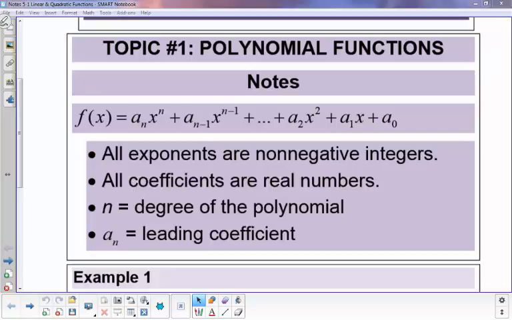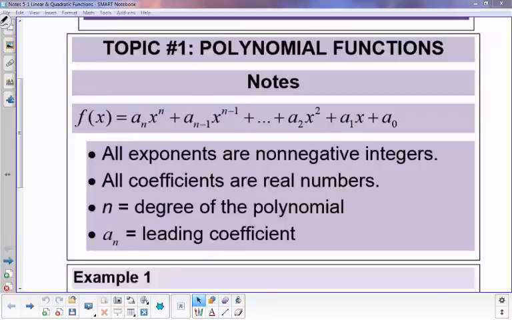And n equals the degree, whatever our highest power is, that is the degree. And a sub n is our leading coefficient. Whatever the number is in front of the highest power is our leading coefficient. But we also have coefficients for each and every term. So that is what makes up a polynomial in general.